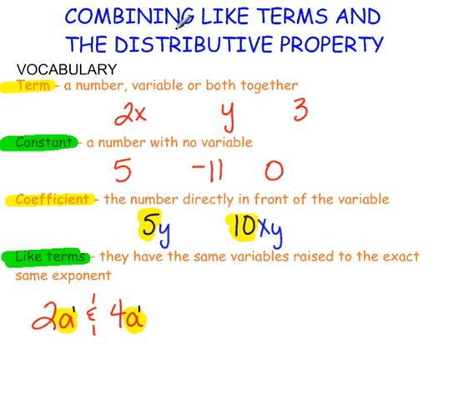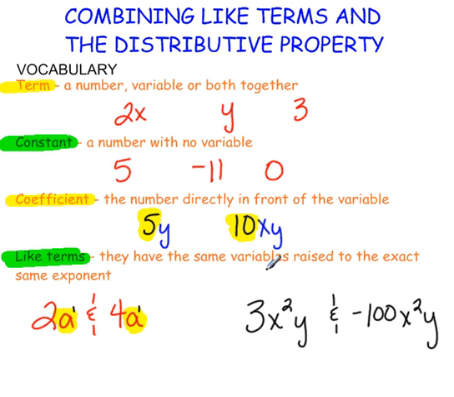Or you have something like 3x squared y, and another like term could be -100x squared y. Now, why are these considered like terms? Notice nowhere in the definition did it say that the coefficients had to be the same.